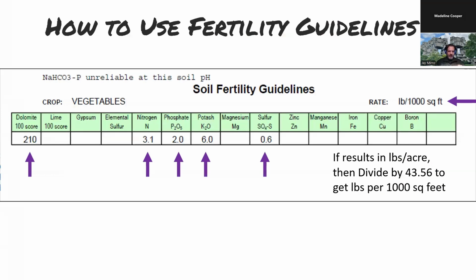So like Megan referred to, on the bottom of the soil test are the soil fertility guidelines. This is the part of the soil test where the lab has taken the organic matter, all the nutrients, and the pH, and is now making recommendations to you.